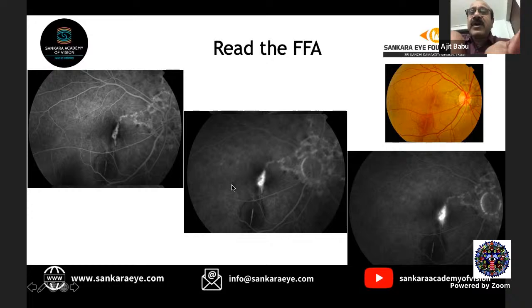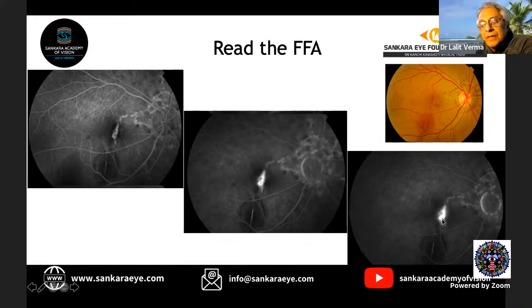In the second picture, the hyperfluorescence is increasing and it is with fuzzy margins. In the inferior, the hyperfluorescence has remained as it is, with a slight increase but not drastic. Whereas in the third picture, the hyperfluorescence has increased a lot with increased fuzzy margins. That is indicative of CNVM.